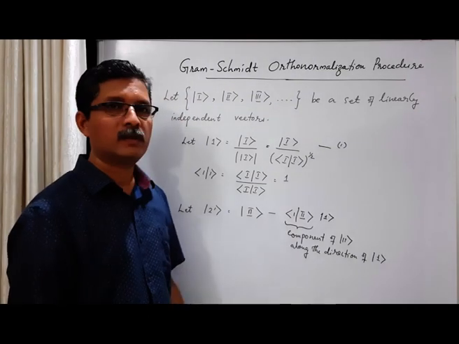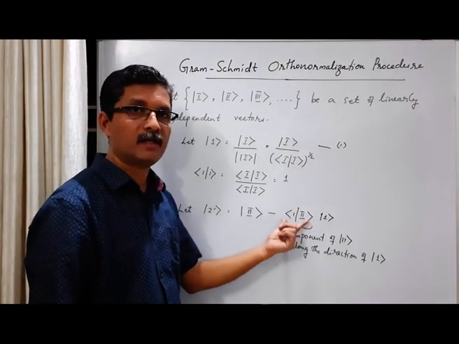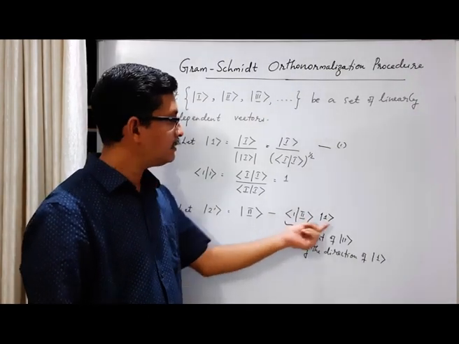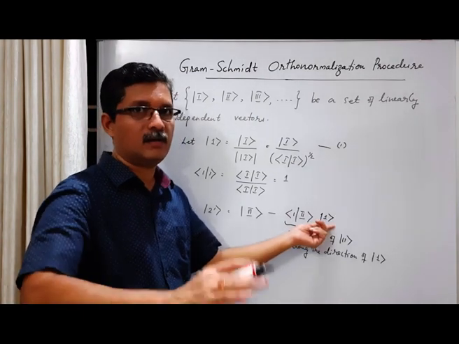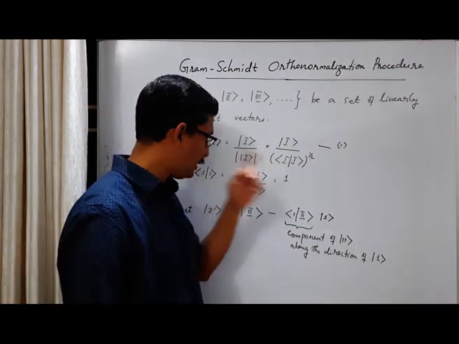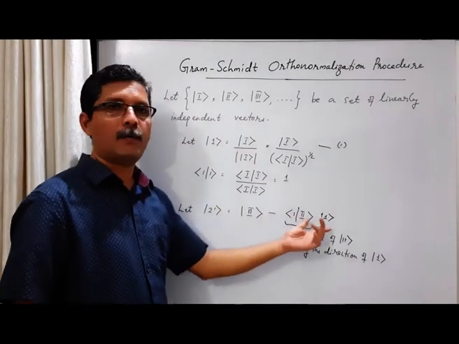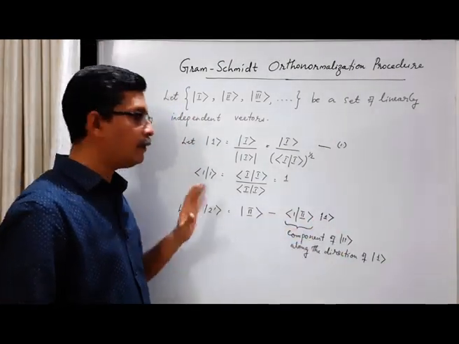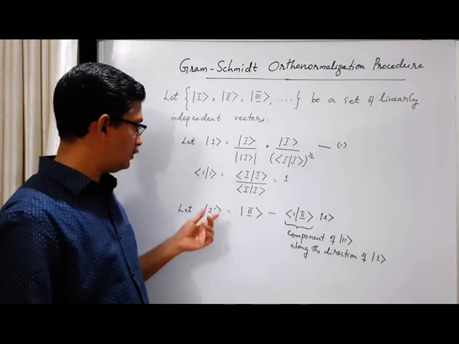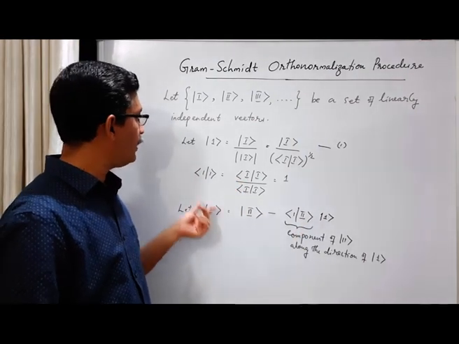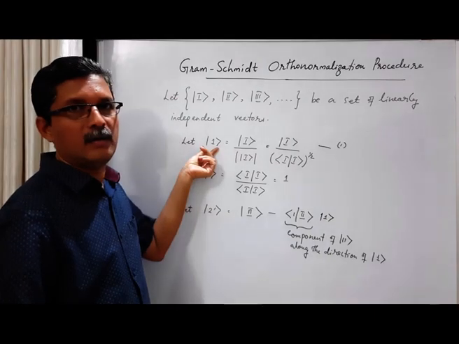This is something like Ax, this is something like i dot A, and this is the unit vector along the direction of ket 1. So from ket 2, we have subtracted the component along ket 1, and what remains will be perpendicular to ket 1. So this ket 2 prime will be exactly perpendicular to this one.